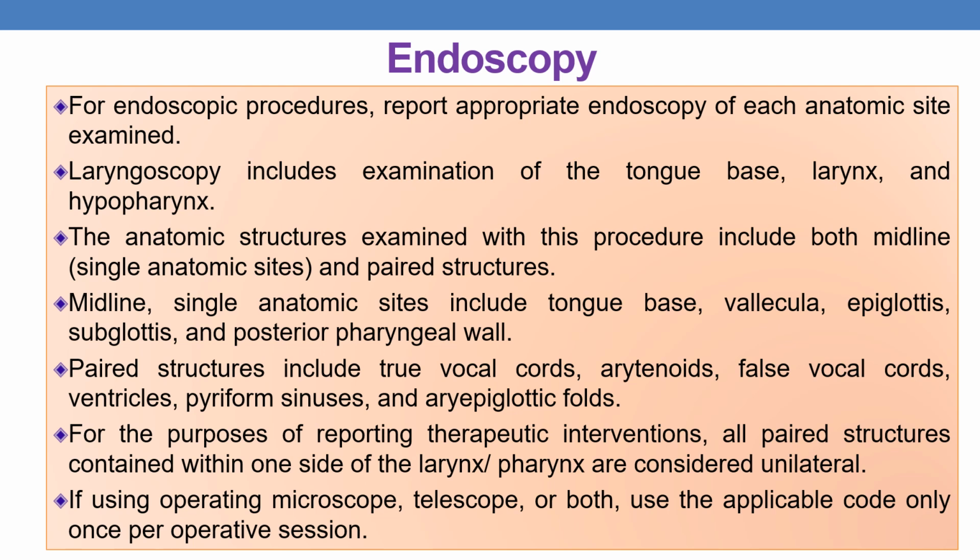Midline single anatomical sites include tongue base, valleculae, epiglottis, subglottis and posterior pharyngeal wall. And the paired structures include vocal cords, arytenoids, false vocal cords, ventricles, pyriform sinuses and aryepiglottic folds.